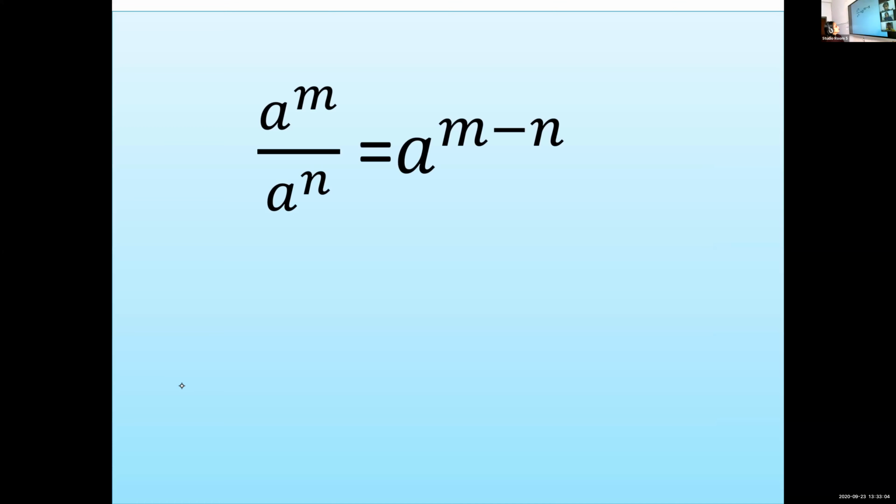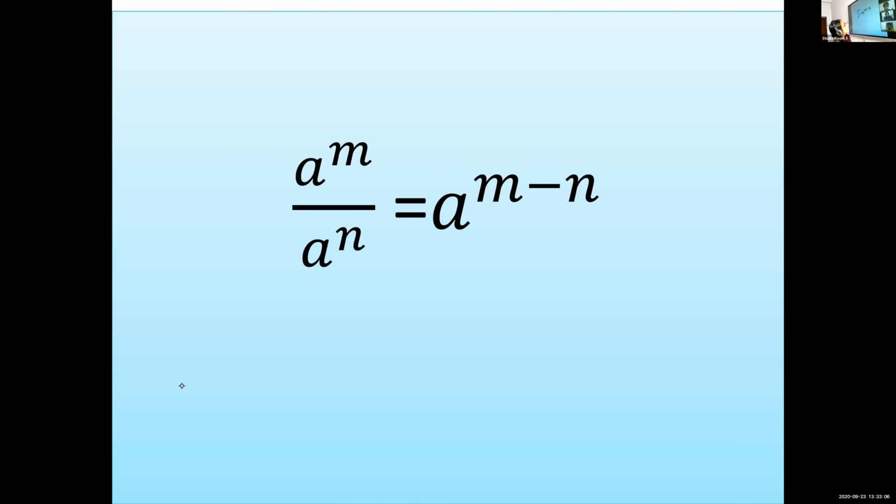Next one, who will read? Lynette, read it. a raised to m divided by a raised to n is equal to a raised to m minus n.